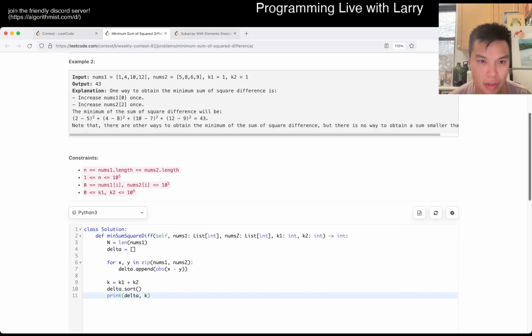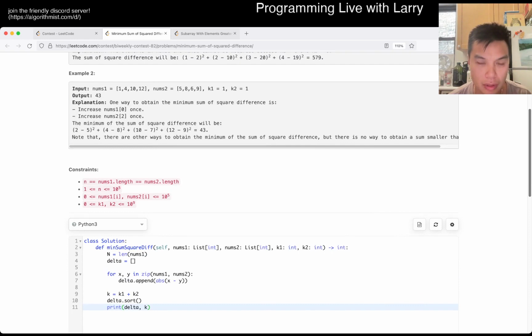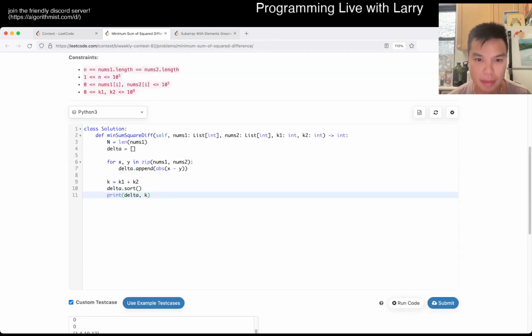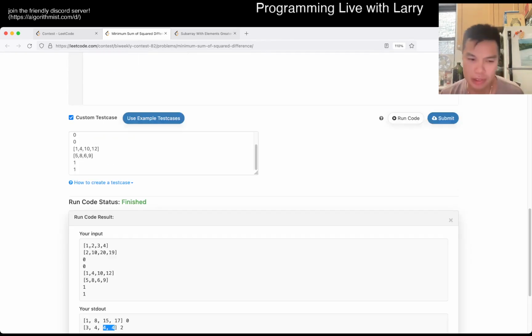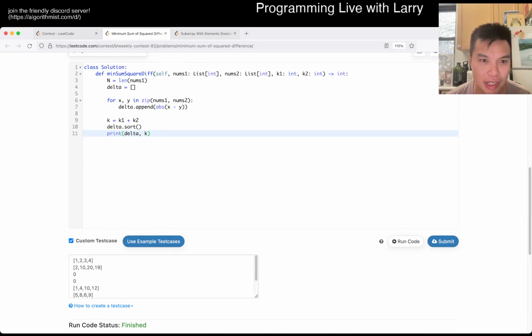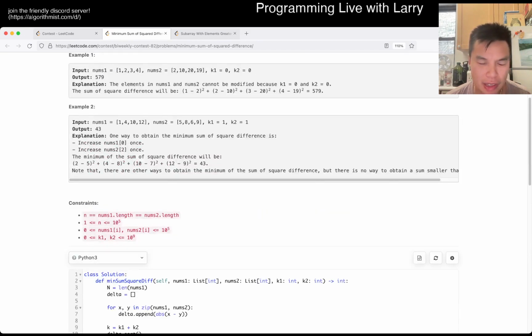Oh, this is the thing we have to do. What is that algorithm that we used? The repeated heap one that we always forget. That I always forget anyway.